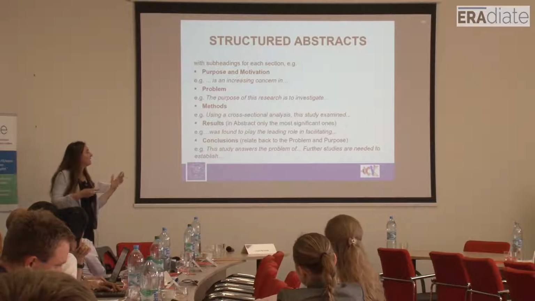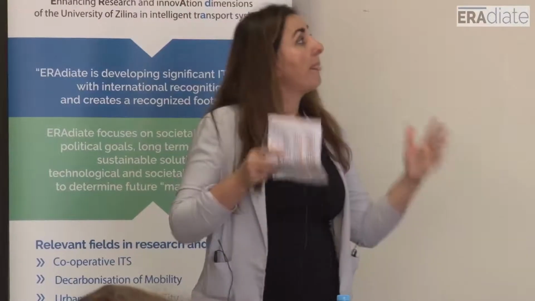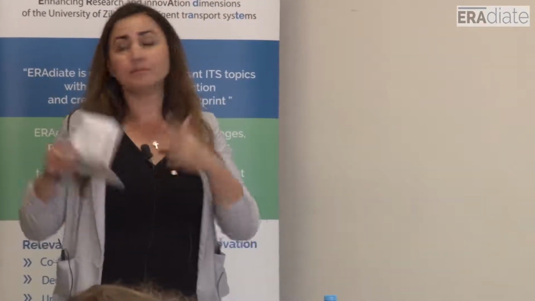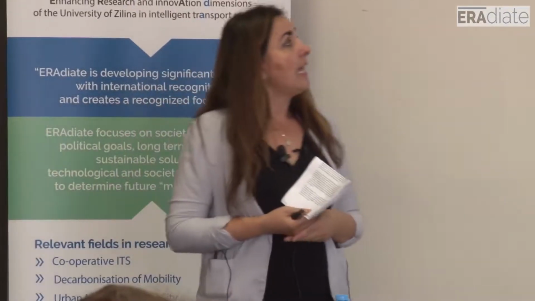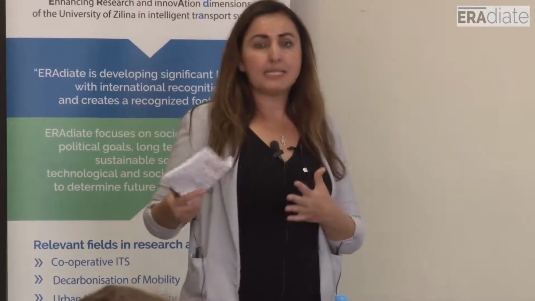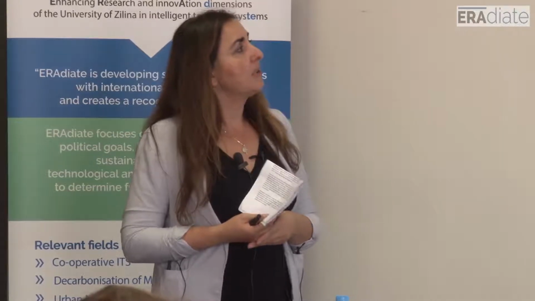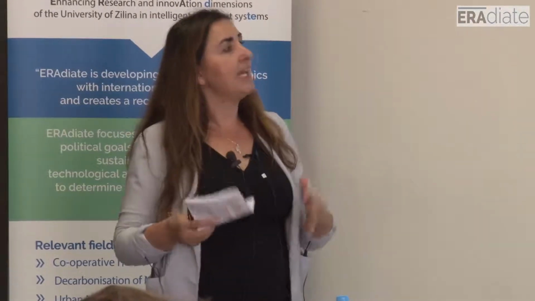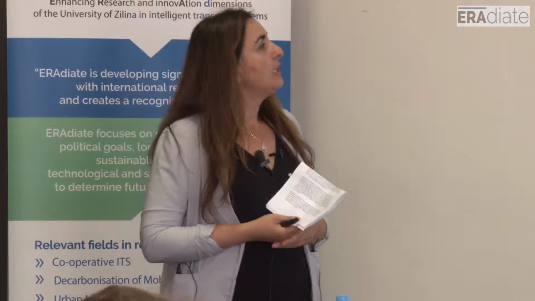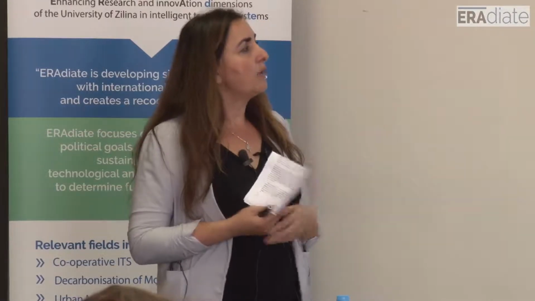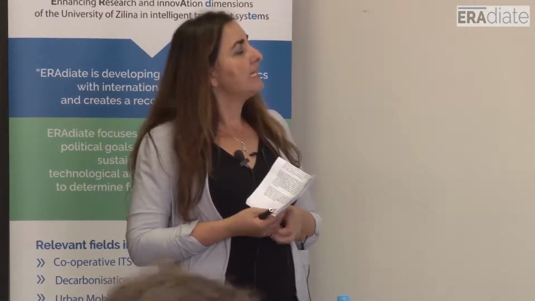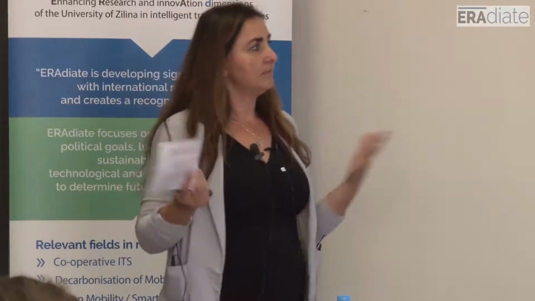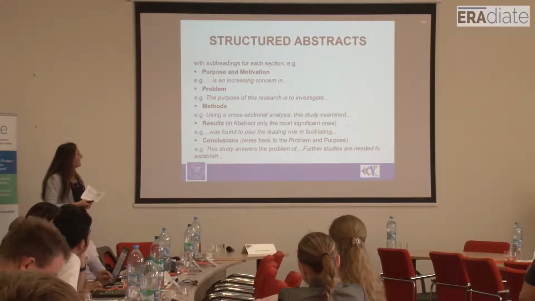It should be put like this: a problem is an increasing concern in a field or area. Then the problem is stated itself. The purpose of this research is to investigate this and that. The methods: using a cross-sectional analysis, this study examined. Results.